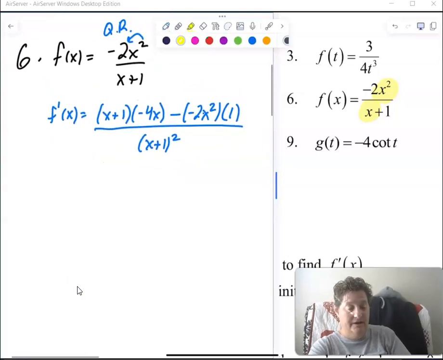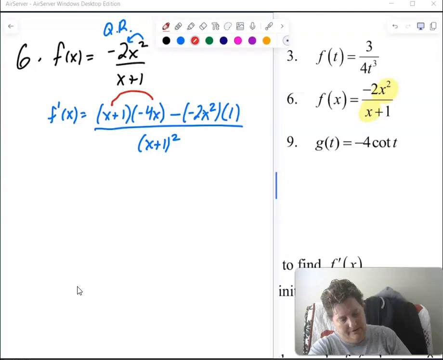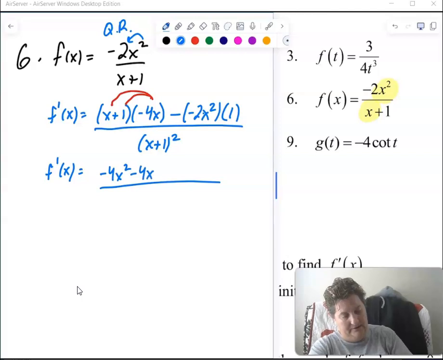Now, a lot of times on a quotient rule, we are going to be asked to simplify it, because things simplify a lot on quotient. If I distribute that, I get negative 4x squared minus 4x.